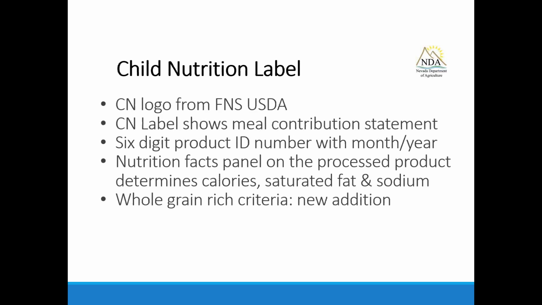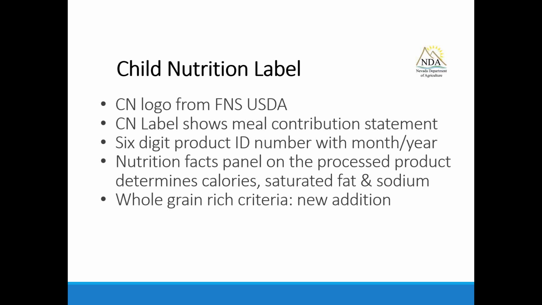So if you have a child nutrition label, it has a very distinct CN or child nutrition logo from the Food and Nutrition Services of the United States Department of Agriculture. It will clearly show you the meal contribution statement. It's identified with a 6-digit product ID number with the month and the year.